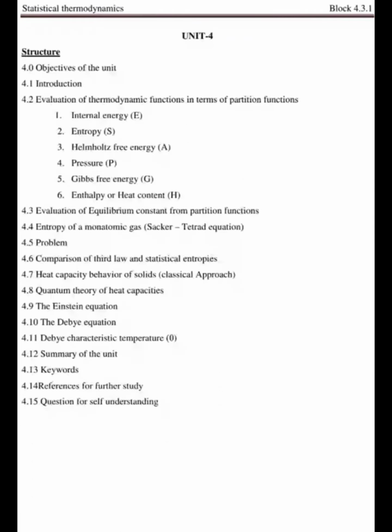And next, we are going to discuss the basic functions of thermodynamics: internal energy, entropy, free energy, pressure, Gibbs free energy, enthalpy, and further the equilibrium constant from the partition function, and heat capacity for the behavior of solids in classical thermodynamics.